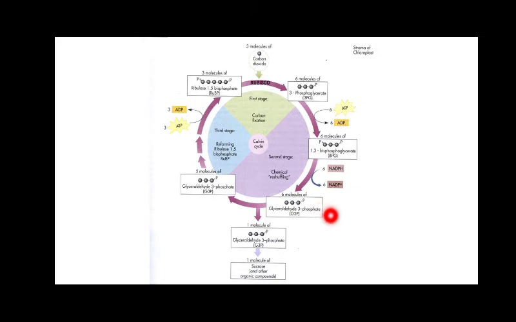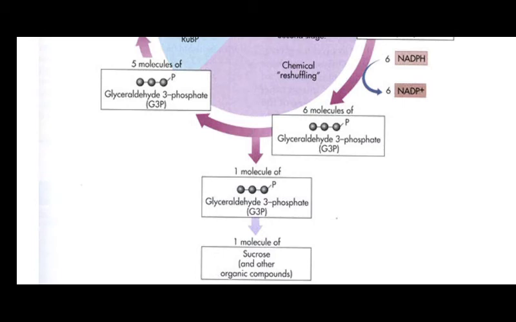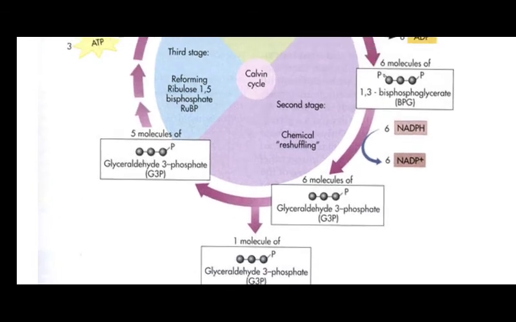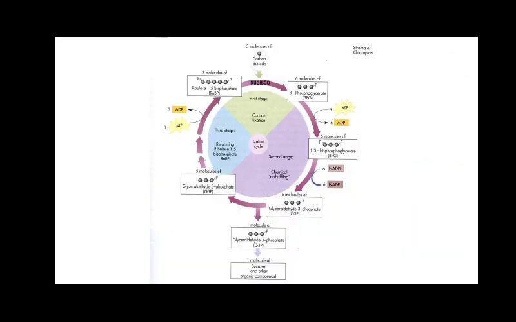One of them enters the process of reverse glycolysis, in which it gets transformed into the desired sugar molecule. The rest 5 enter into the process of regeneration of the ribulose bisphosphate. That way the cycle takes place.